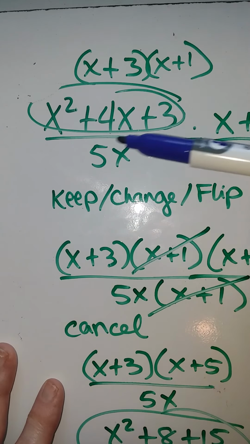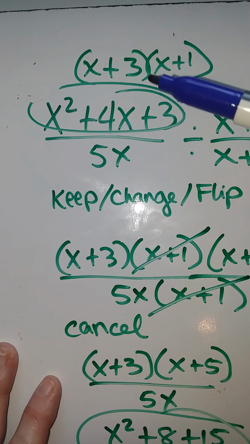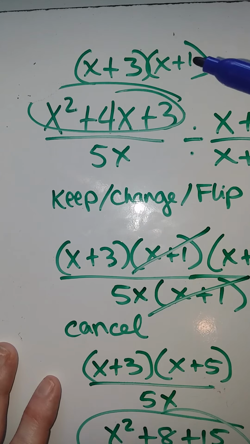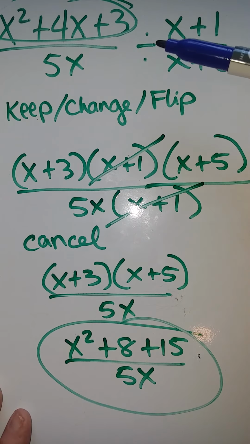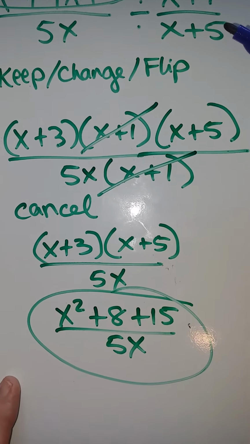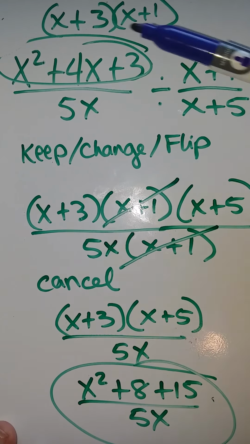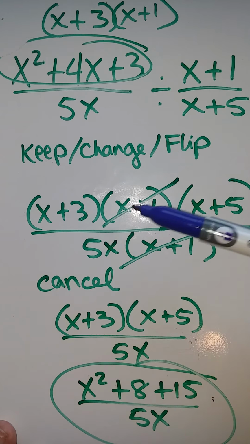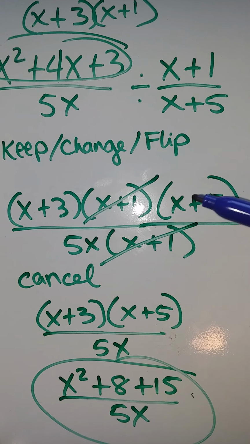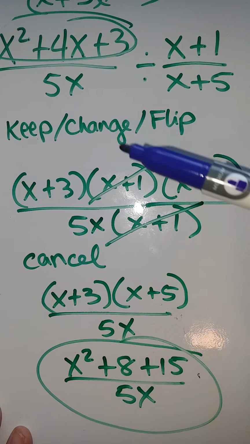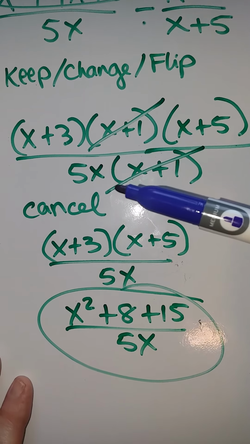Now, I circled this because I looked at it and immediately was able to factor this into x plus 3 times x plus 1. We're going to remember that since our operator is division, we're going to keep, change, and flip. And this x plus 3 times x plus 1, we multiply it by the x plus 5 that's down there in the bottom. And then we take this 5x and multiply it by x plus 1.